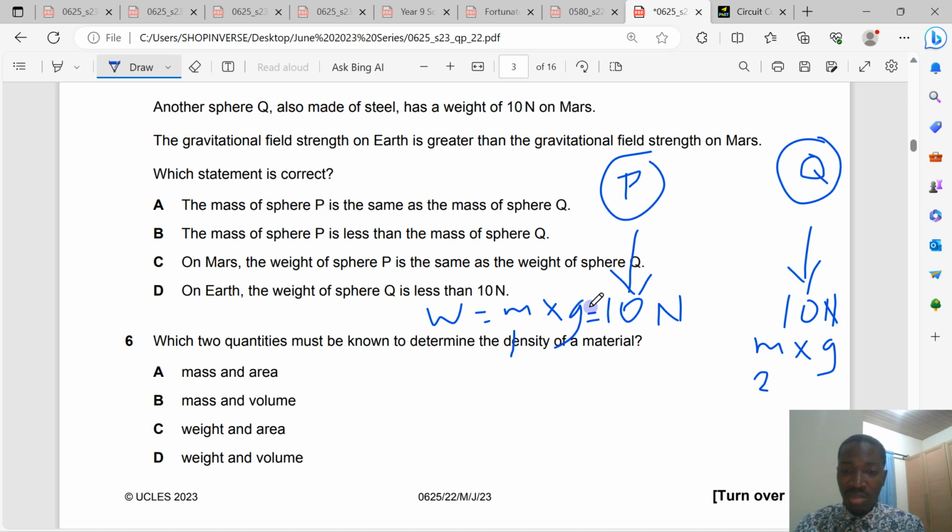So you can see that if we consider g on Earth to be higher than g on Mars, then the mass of the object you are considering on Earth will be smaller than the mass of the object on Mars, which is what B tells us. The mass of sphere P is less than the mass of sphere Q. That makes B the correct answer.